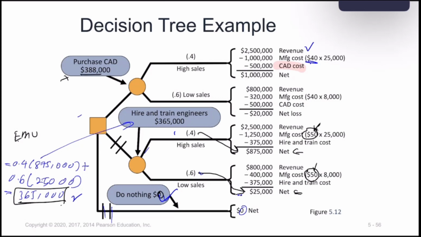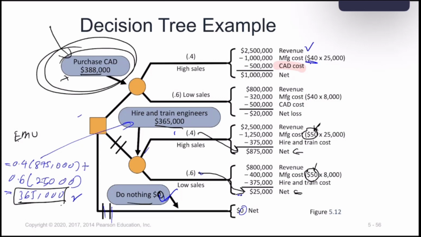So to compare which is the highest profit, the answer would be purchase CAD. We can suggest the company purchase CAD instead of hiring, because the purchase CAD system will give much more profit than hiring and training an engineer.